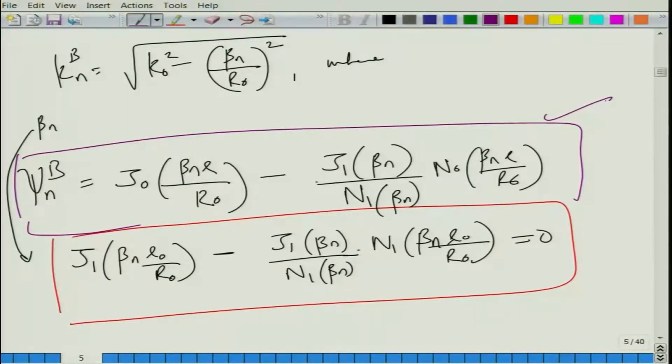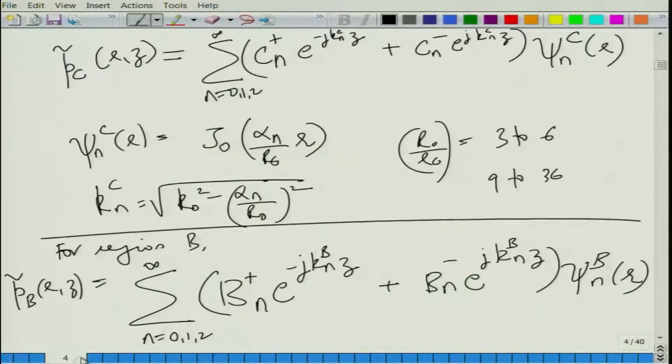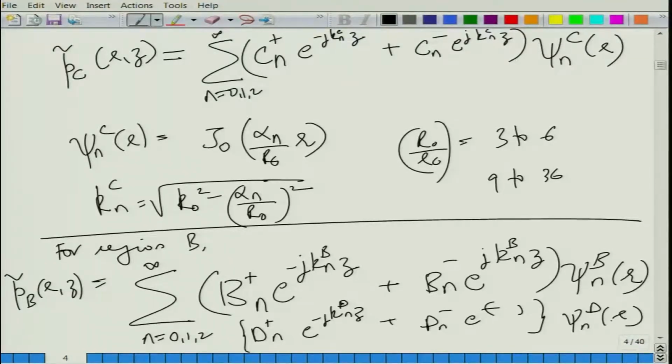The modal solution for region D will also look exactly like region B. Instead of B's you will have your D's, D n and E j k d and z and d n minus something and xi d r. This will remain the same, and you can find a set of modes. So, once you have got the modal solution, how do we proceed ahead?